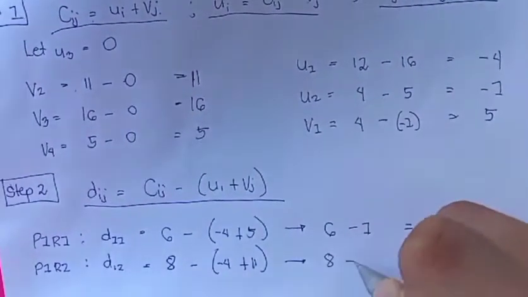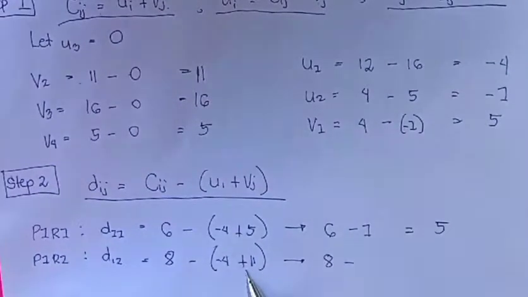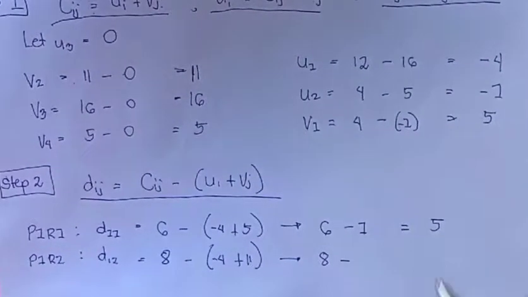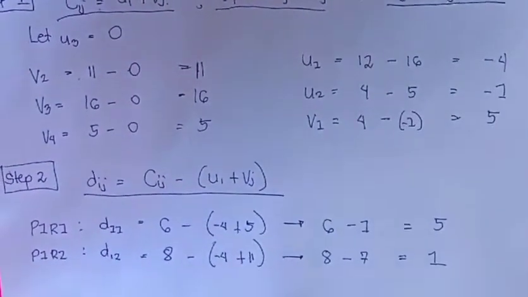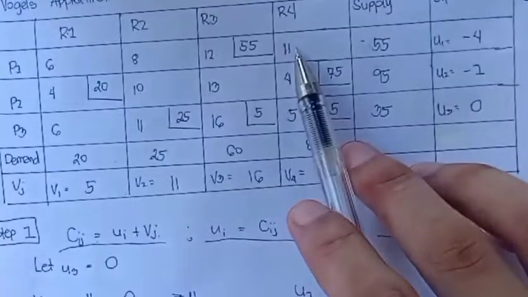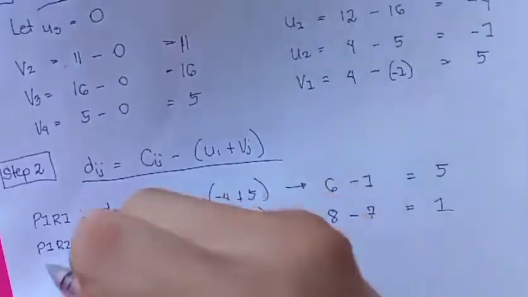So 8 minus negative 4 plus 11 is 7. So 8 minus 7 is 1. Next unoccupied cell here in P1R4.